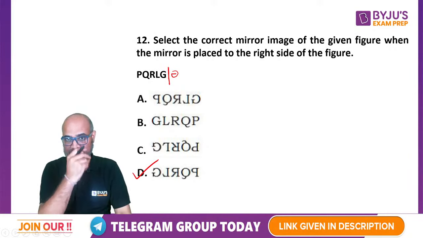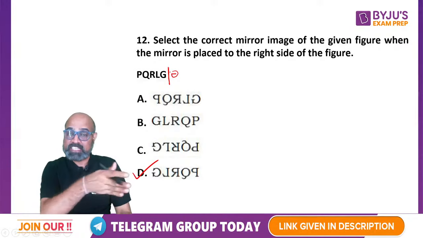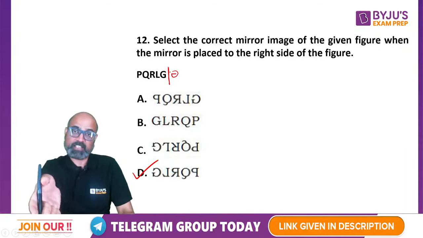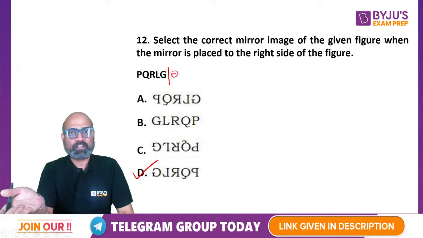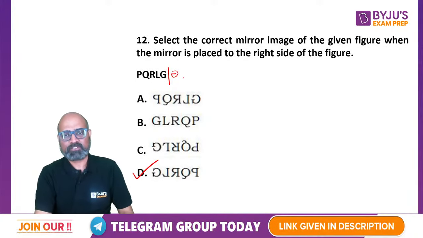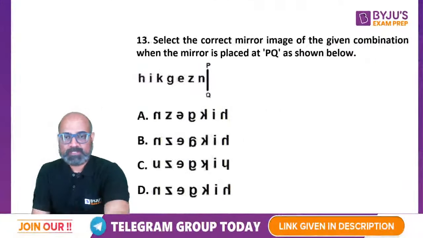Only D. It is nowhere else. G is the last letter in the word and the mirror is right beside it, so its mirror image will be the first from the left, right? Pretty simple. Okay, let's try the next one.